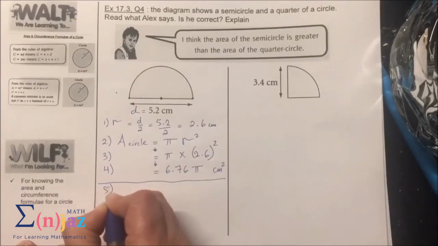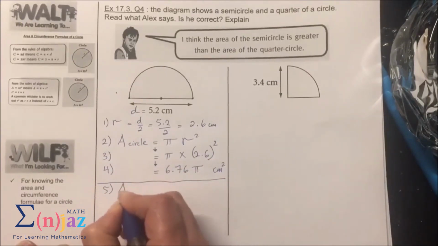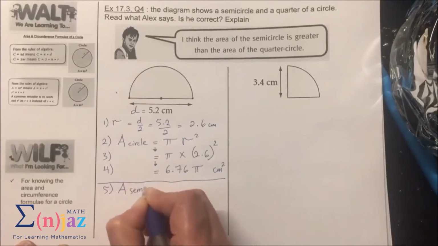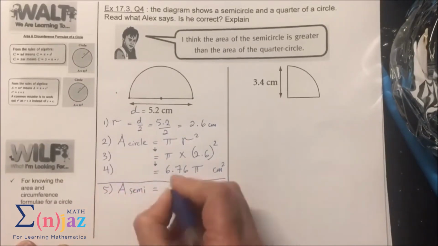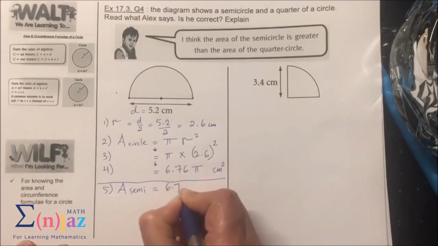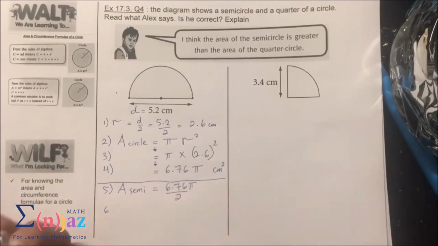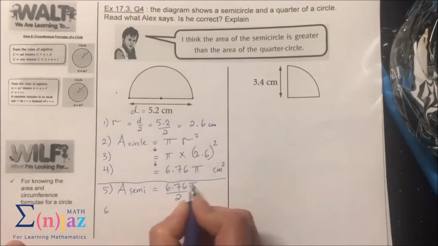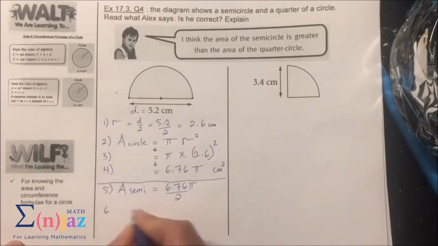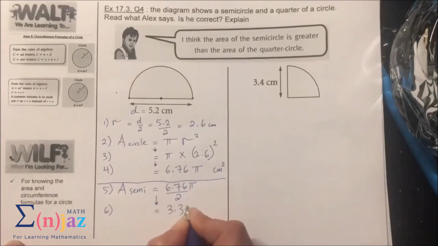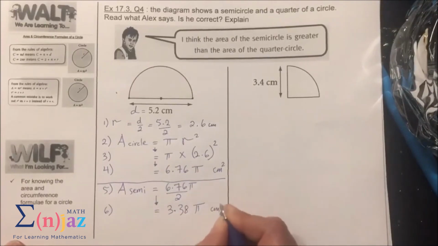So step number 5, we are going to find the area of a semicircle by dividing the area of a full circle, which is 6.76 pi, by 2, which is the area of the full circle divided by 2, and we are going to write the answer in terms of pi as well, 3.38 pi, and it's centimeter squared.